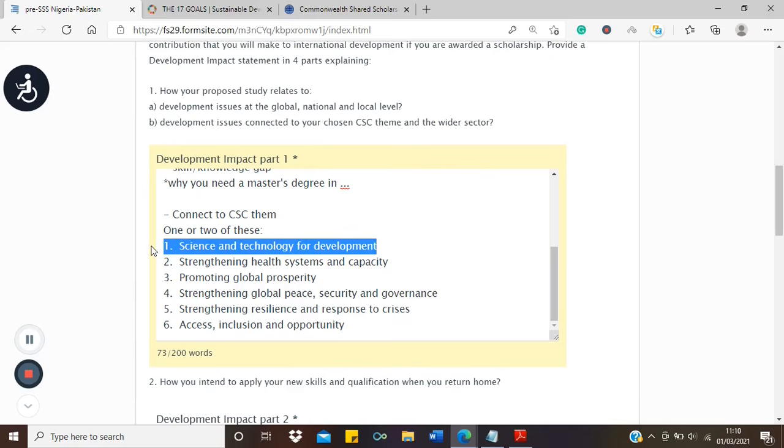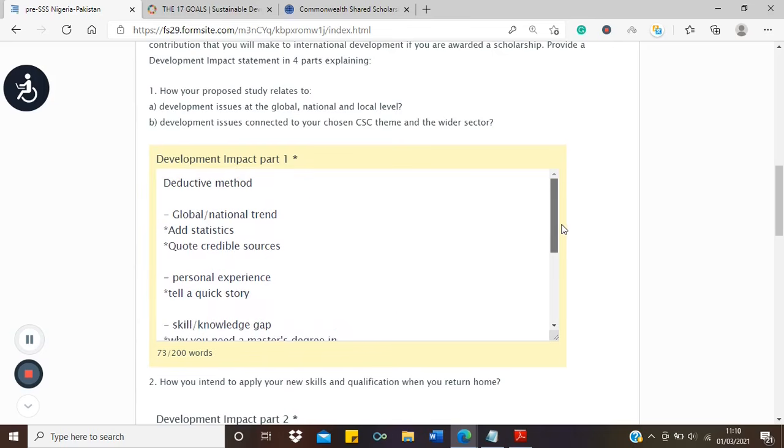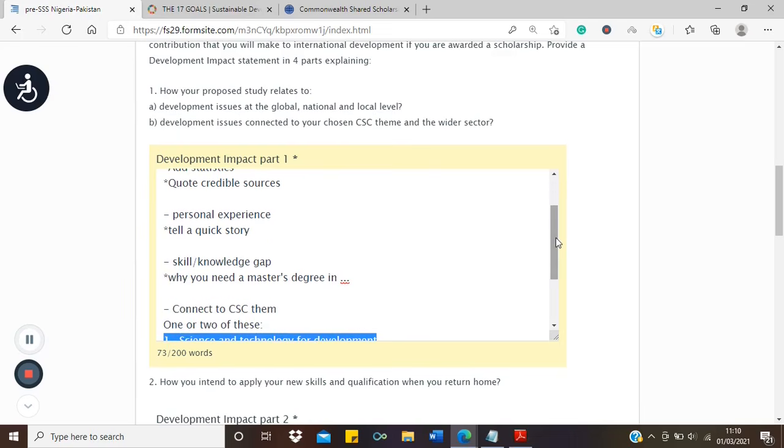So you're not meant to choose everything, of course. You could choose one or two, but try to relate to the points we mentioned earlier, to the particular case you mentioned earlier. And that is it for the first one. So remember, global national trends, art statistics, quotes from credible sources. Then go to your personal experience.